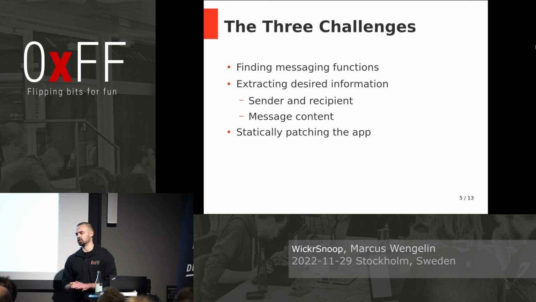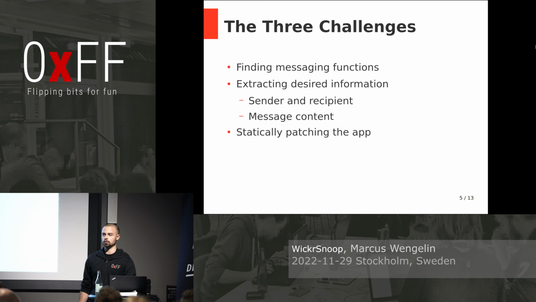In order to accomplish this, there are three main challenges that we must overcome. First of all, find which methods the messages pass through in the flow of the application. We need to extract some desired information. I've decided that we're going to get the sender, the recipient, and the message content.